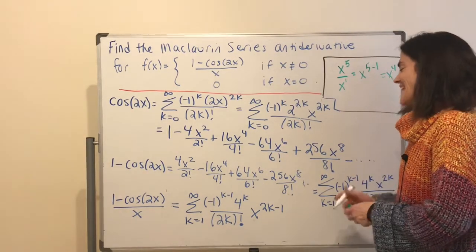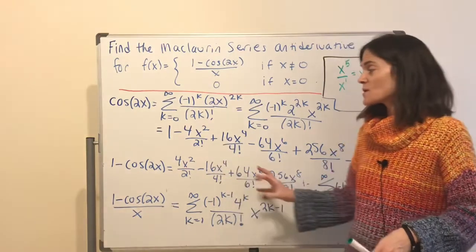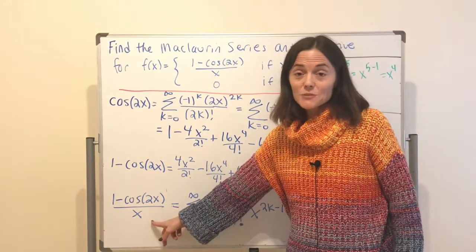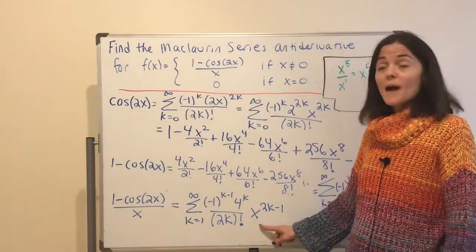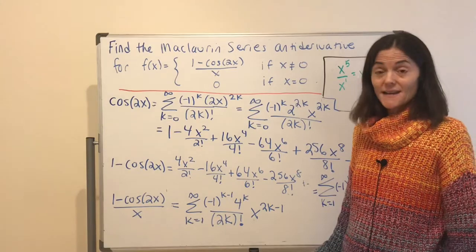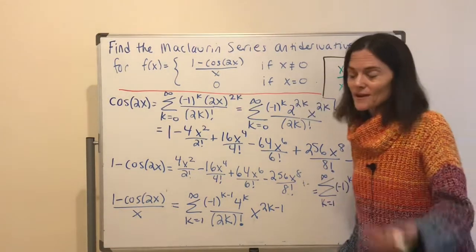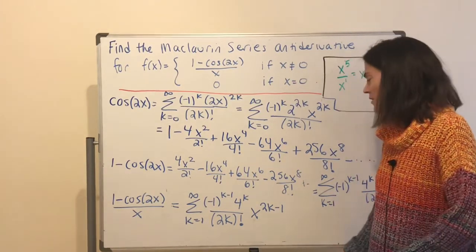Now, the neat thing is we built this to be 1 minus cosine 2x over x. Of course, this function on the left, as written, is not defined at 0, but the function on the right, this power series, is without a doubt defined at 0 because every power series is. Every polynomial is defined at 0. Therefore, every power series is defined at 0.